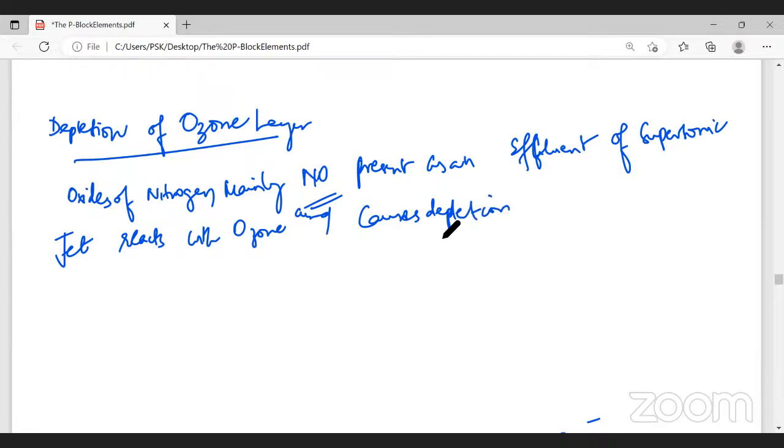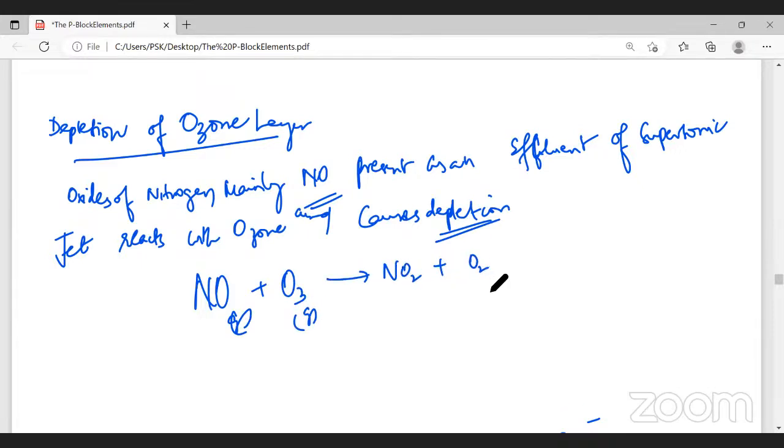This nitric oxide, which is a gas, reacts with ozone to form nitrogen dioxide, giving you oxygen. So therefore, ozone keeps on depleting.